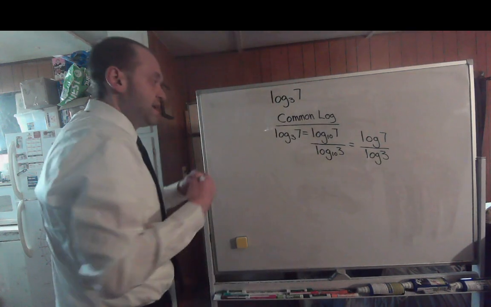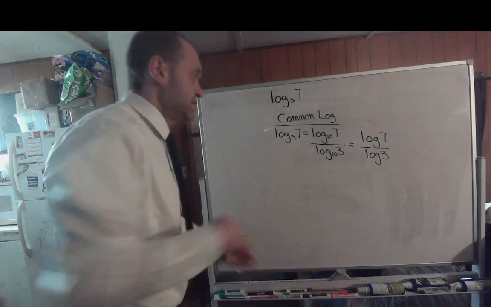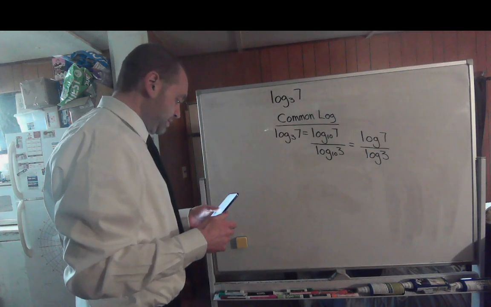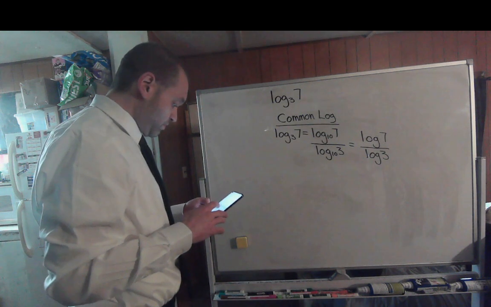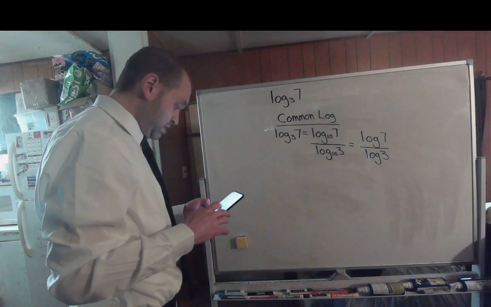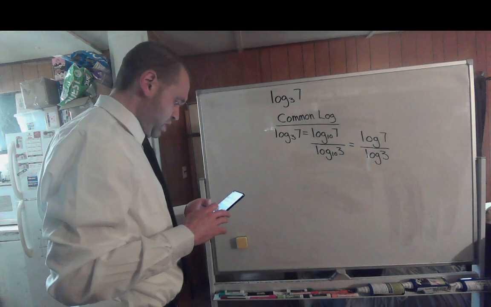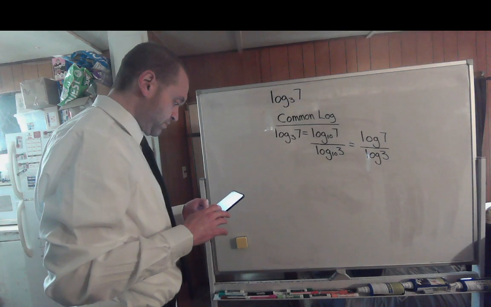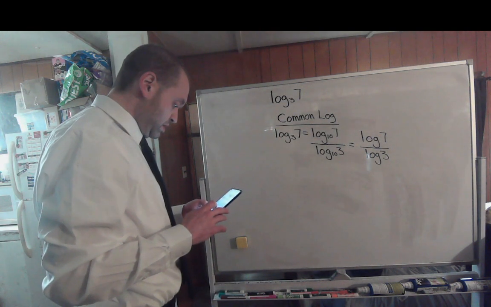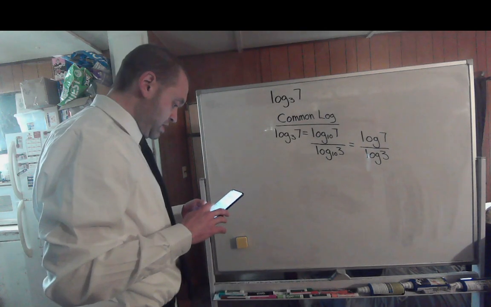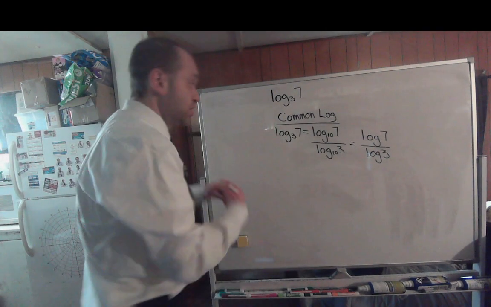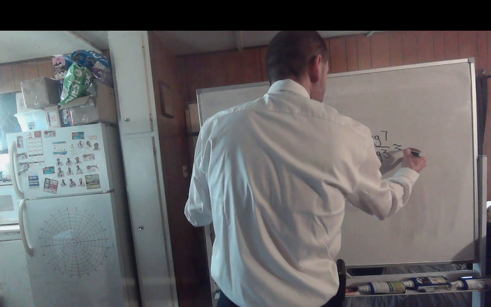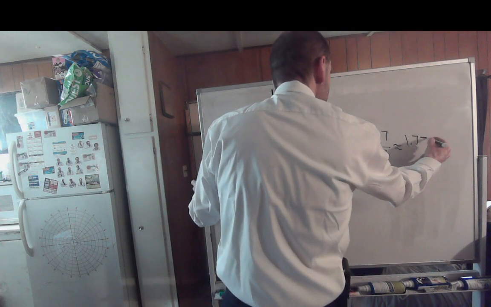So let's go ahead and get an answer to about 3 decimal places. Let me just bring up my calculator. I get about 1.771. So the answer you should get is approximately 1.771.